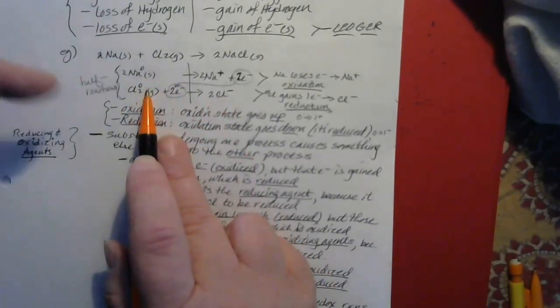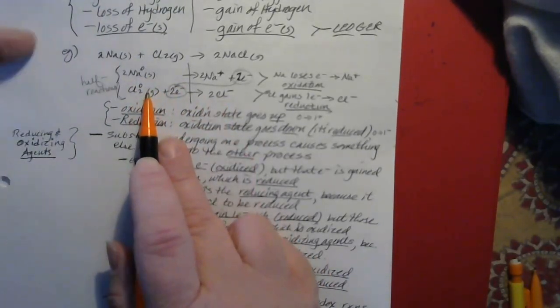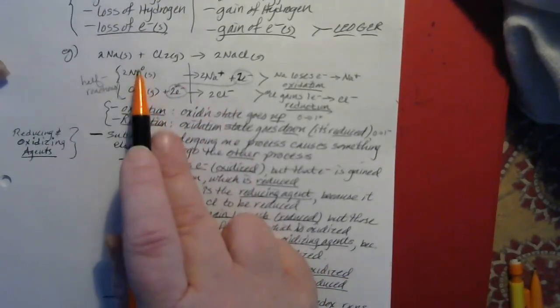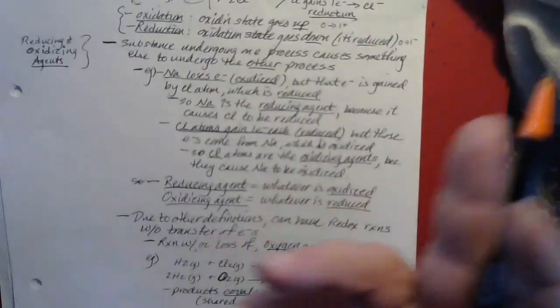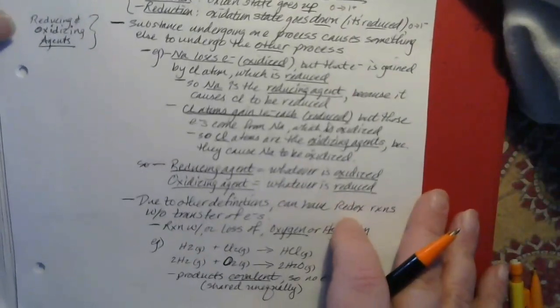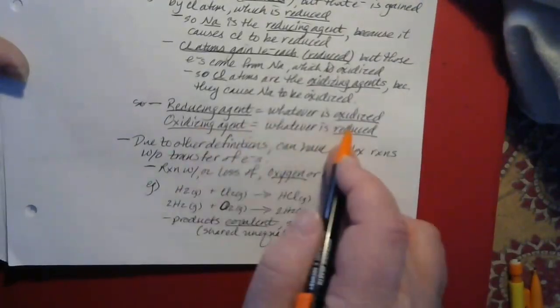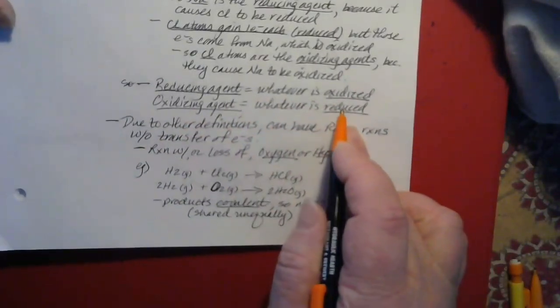And so the chlorine is reduced, but it's the oxidizing agent because it causes oxidation in something else. The easiest way to remember it is just that the word agent turns it around. So the reducing agent is the stuff that's oxidized, and the oxidizing agent is the stuff that's reduced. Okay, so that's what I'm concluding down here.